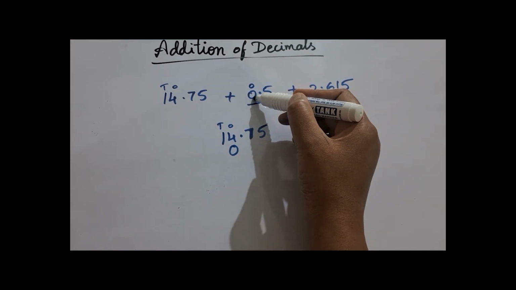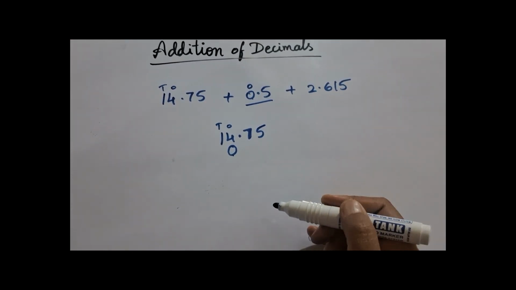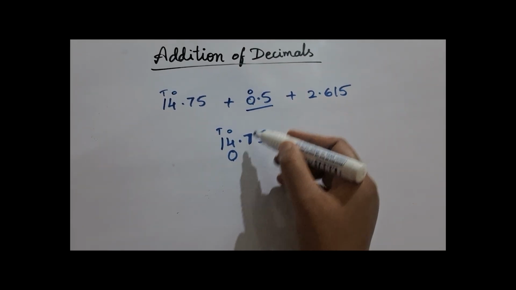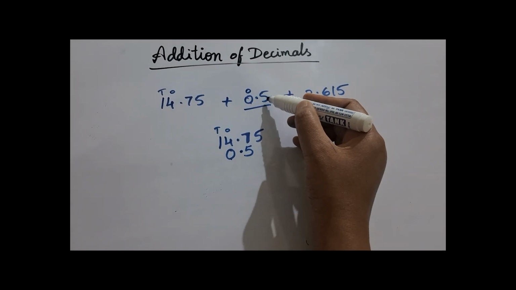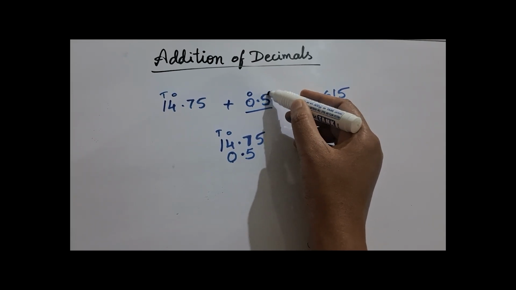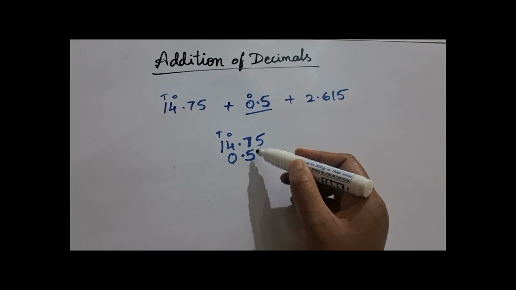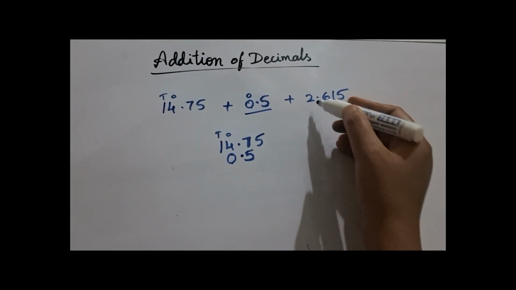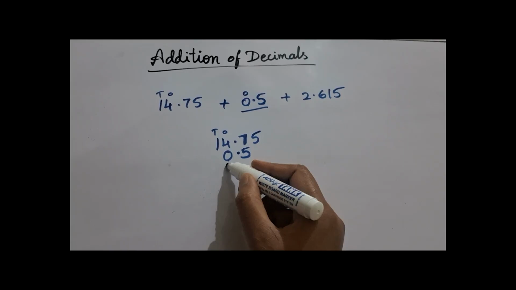So in the ones place 0 is there, so in the ones place only you need to write 0. Okay, 0.5. After the decimal point the immediate digit is 5 here, so you write the 5 in the place immediately after the decimal point. Next, this one, 2.615.